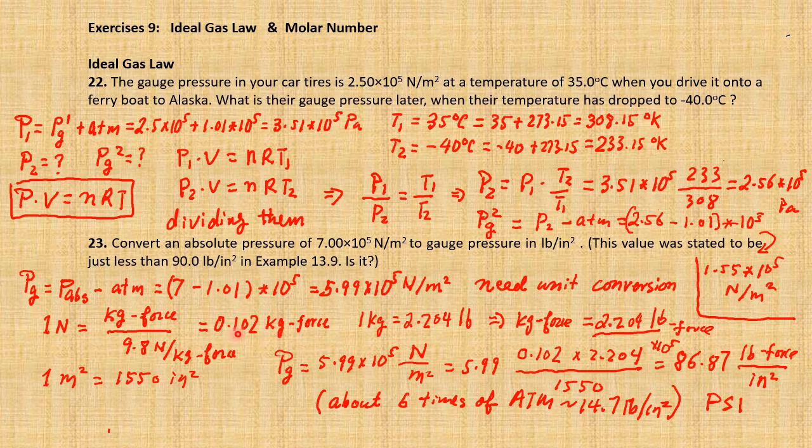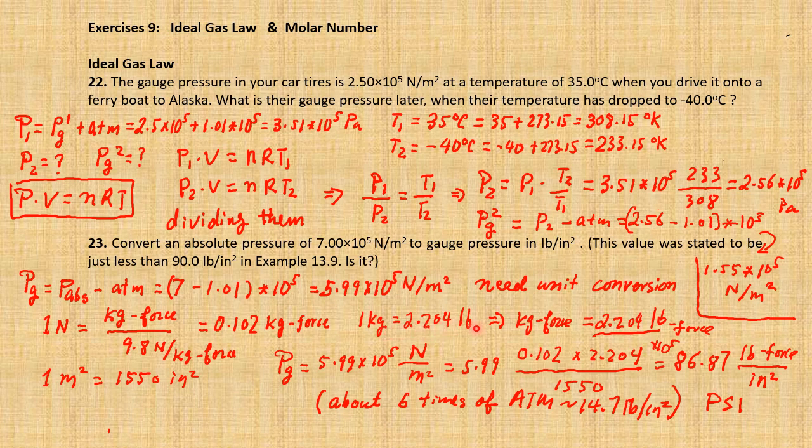So it's 0.102 kilogram force. You can simply say kilogram. Okay, that may confuse the concept of mass and weight. We repeated that many times. So we just call it kilogram force, and then 1 kilogram will be 2.204 pounds. That's the mass unit conversion. You can easily find this, which means pounds are less than half of kilograms.